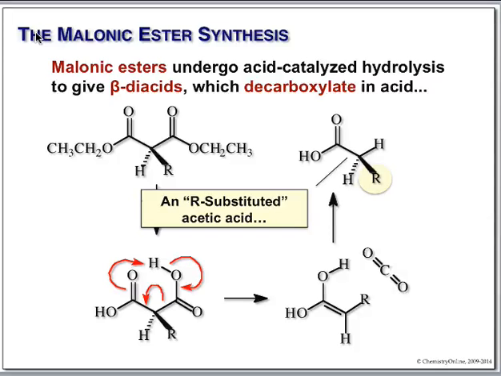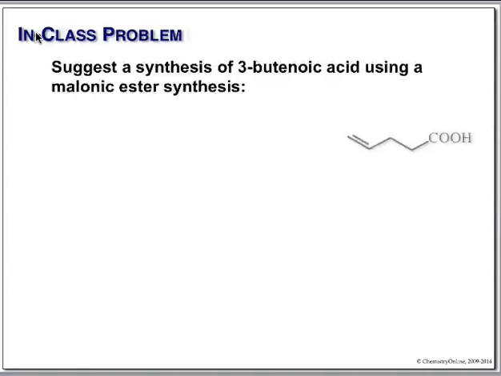Let's do that. How would you make this from a malonic ester synthesis? Well, you want to look at it and say, these two carbons would be an acetic acid, wouldn't they?